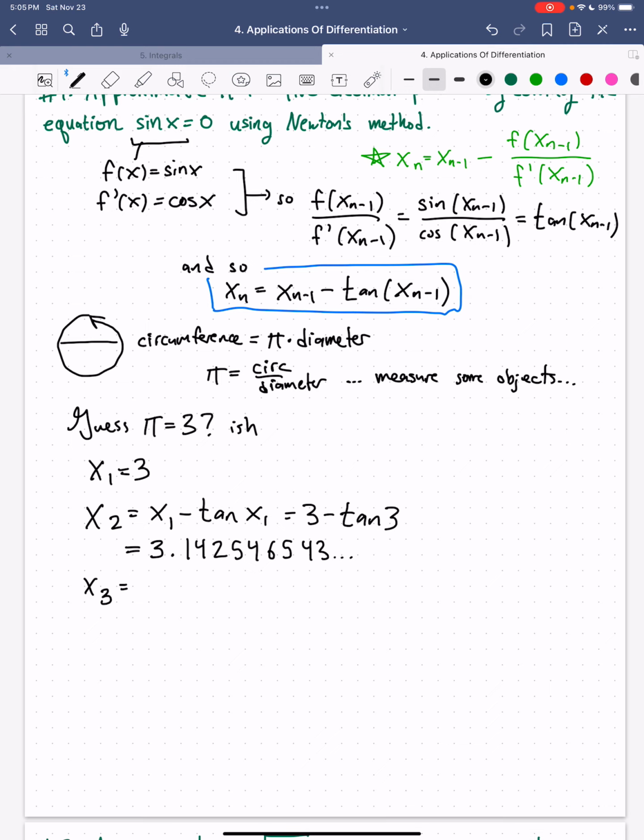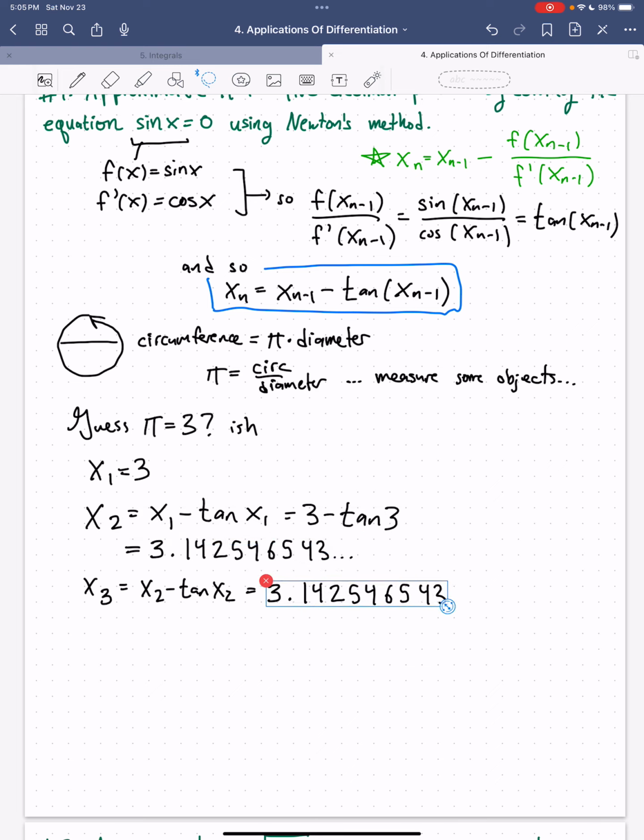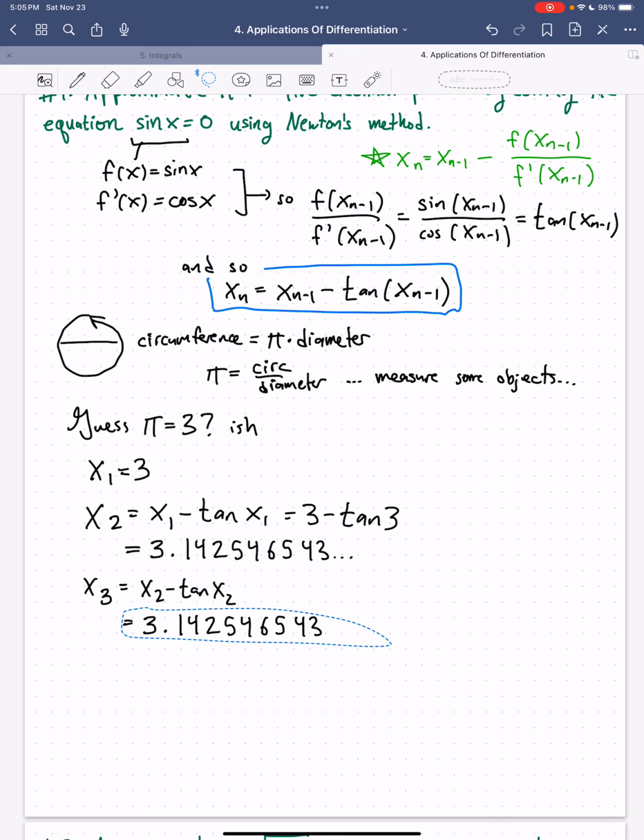And let's do x3. So x3 will just be x2 minus tan of x2. Forgive me, I'm going to copy and paste some numbers here, but because we're doing this as a video and not in class, it should be okay. So our x3 is equal to that minus tan of x2.